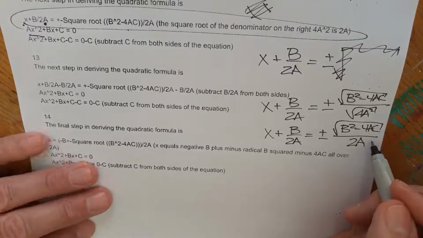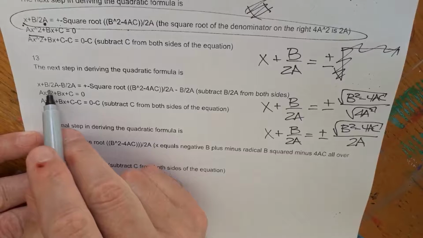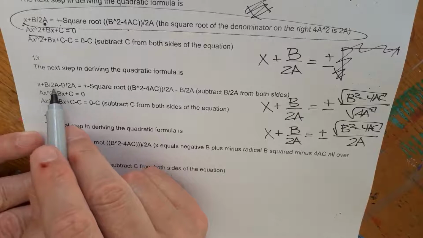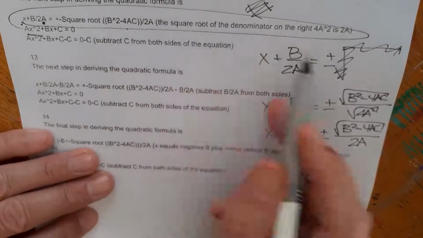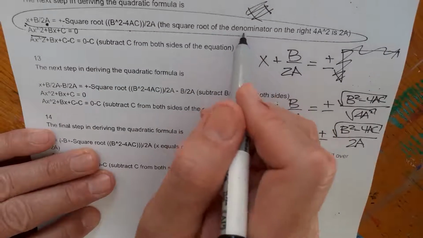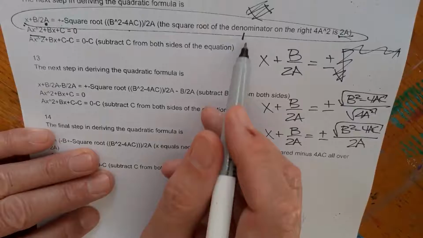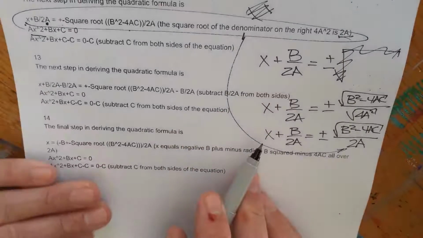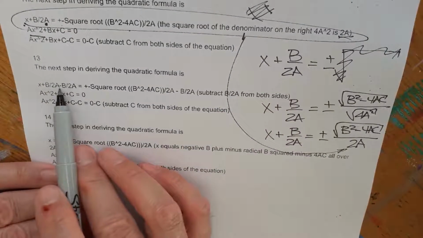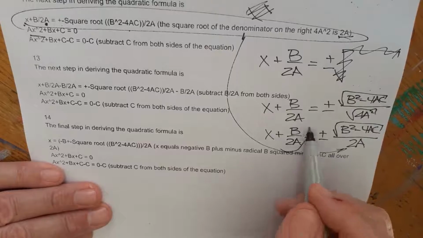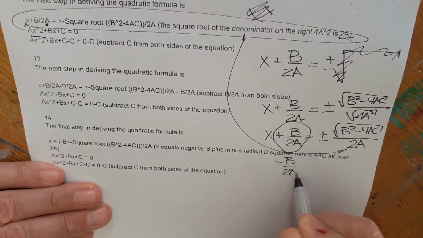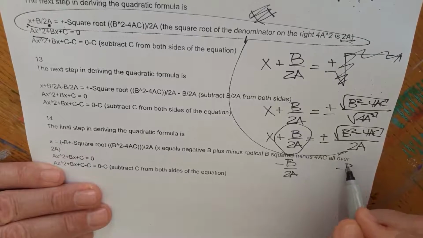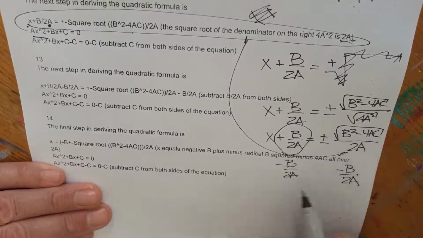Okay, I think we're up to this step. The square root of the denominator is 2a, which takes us right to where we are here. The next step is to subtract b over 2a from both sides. So minus b over 2a on the left and minus b over 2a on the right.